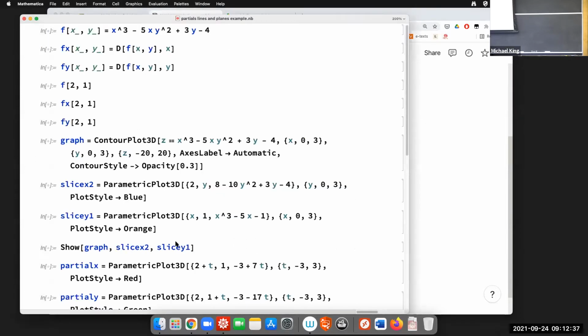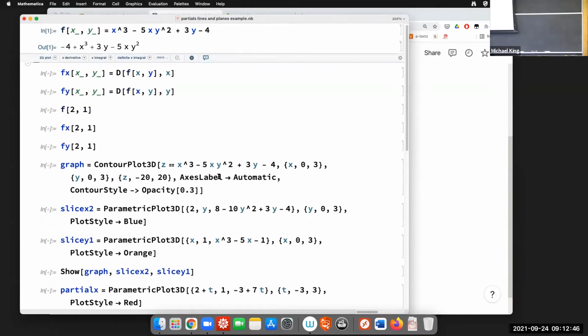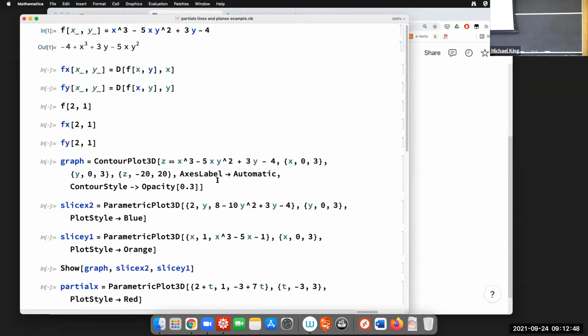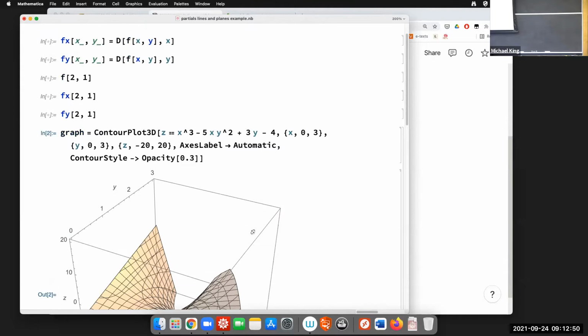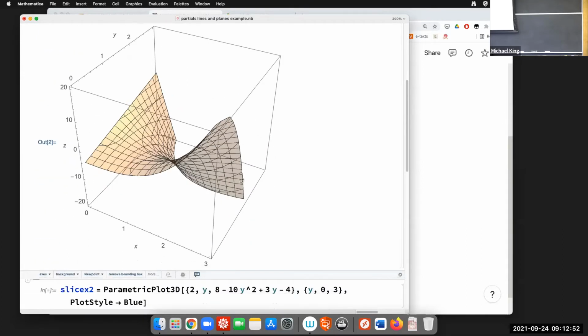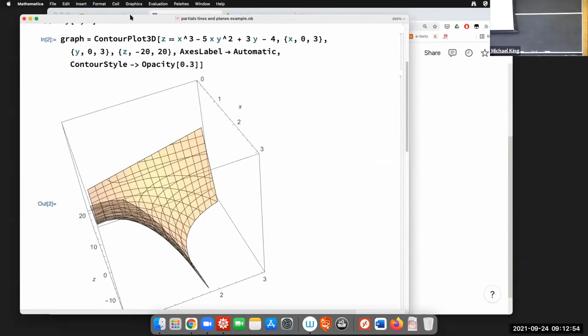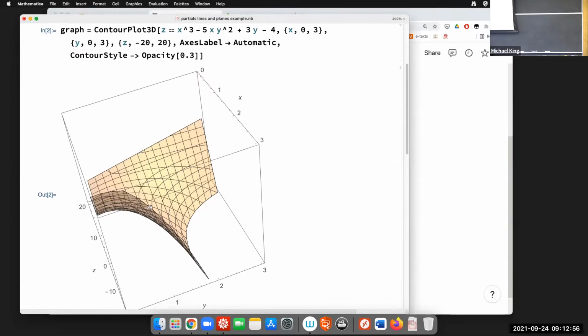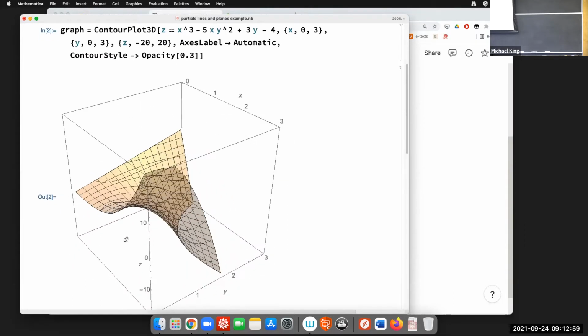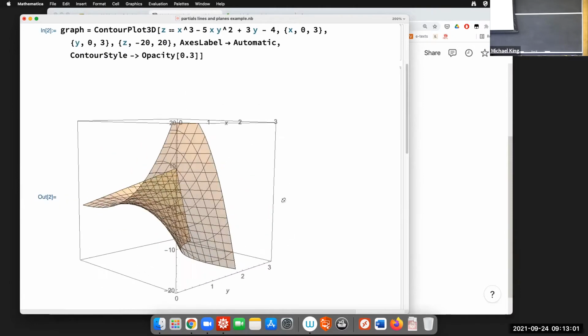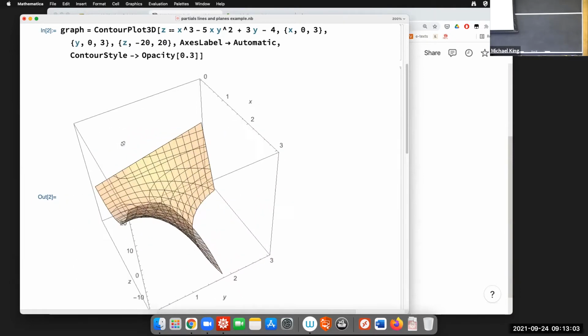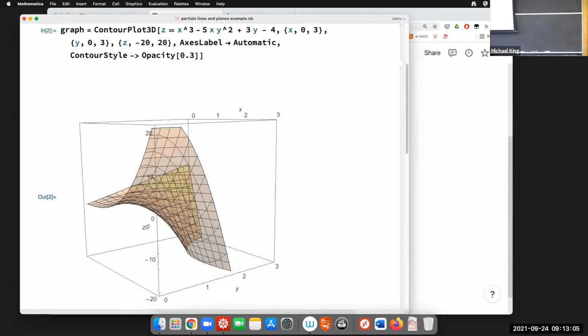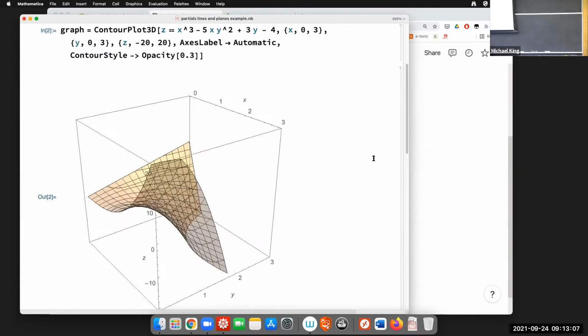Here's a function: x cubed minus 5xy squared plus 3y minus 4. I don't know off the top of my head what that looks like, but here's a picture of the graph, with x and y only between 0 and 3. I just wanted some kind of weird graph that we wouldn't be able to predict the shape of offhand.